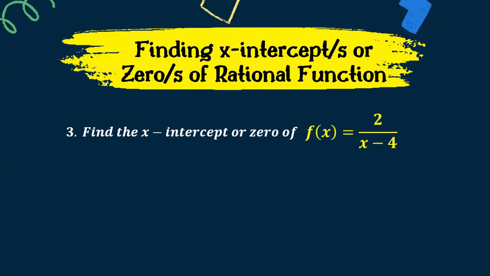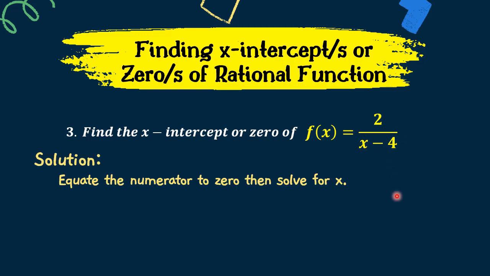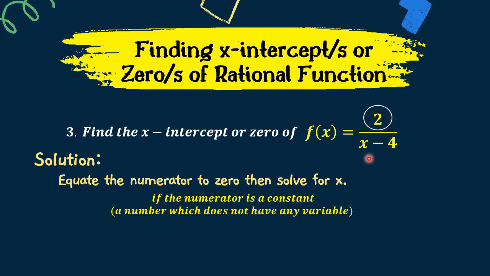Let's proceed to example number 3. This time, we're looking for the x-intercept of f(x) = 2/(x - 4). So simply follow these steps. First, we have to equate our numerator to 0, then solve for x. Since our numerator is a constant, which is positive 2, remember that a constant is a number which does not have any variable.